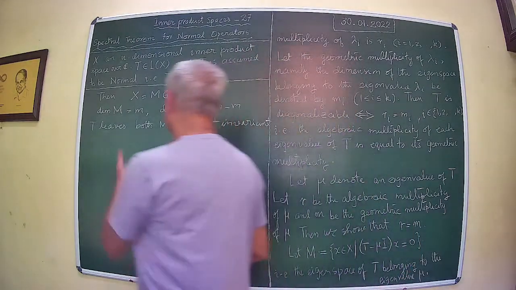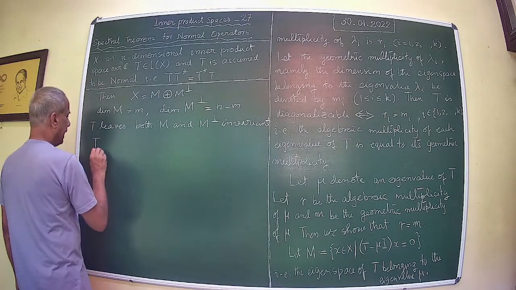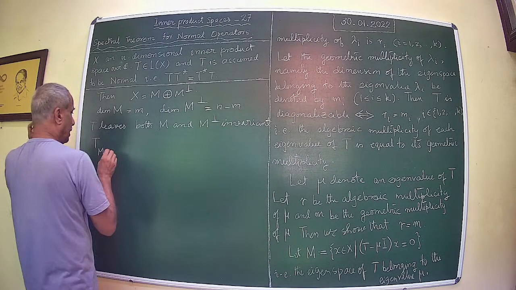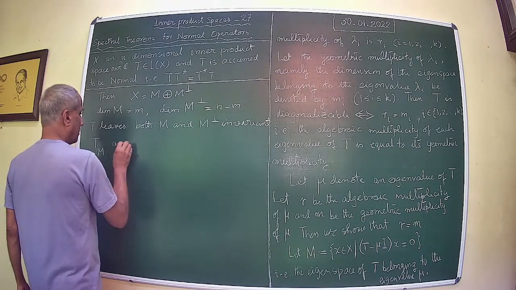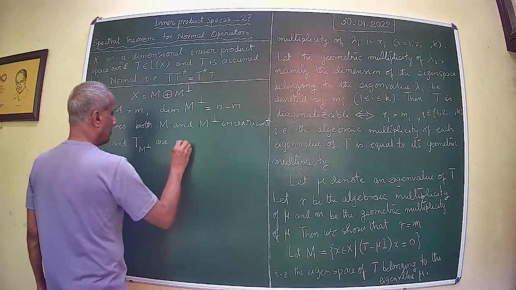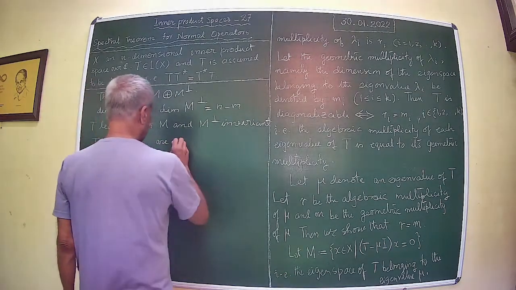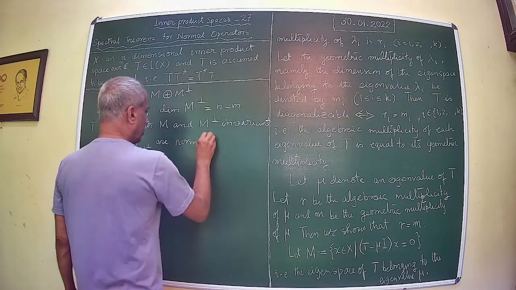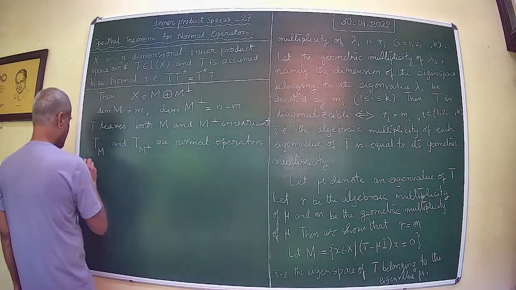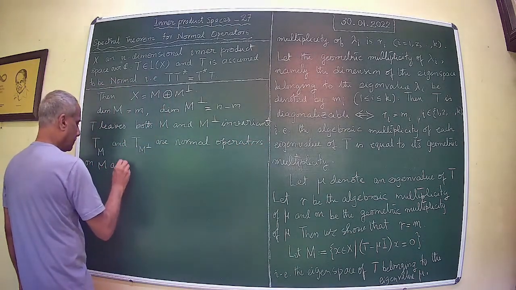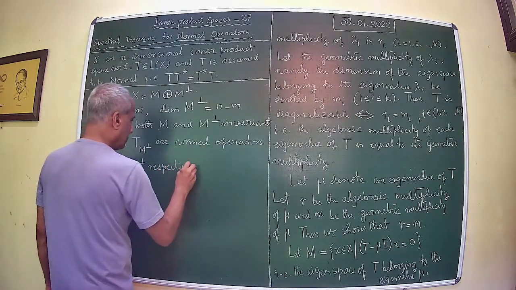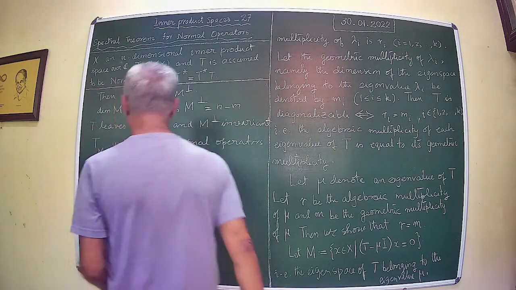Okay, now look at T_M and T_M perp. They are normal operators on the respective spaces.